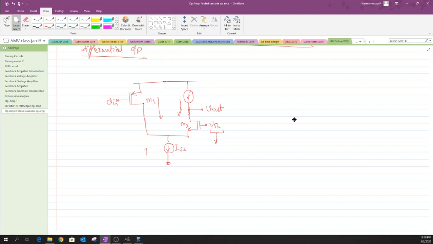There are a few things that I want to modify here, so let me make this modification and relabel this transistor M2, or basically redraw the structure of M2.